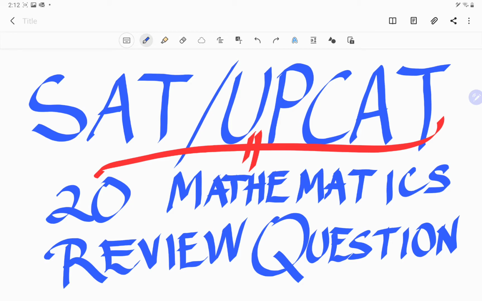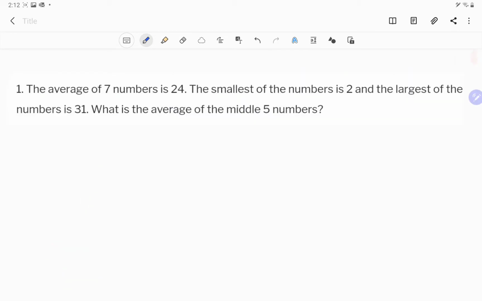Alright, so let's start with question number 1. The average of 7 numbers is 24, the smallest of the numbers is 2, and the largest of the numbers is 31. What is the average of the middle 5 numbers? So basically there are 7 numbers. It's not in a series, but there are 7 numbers there.